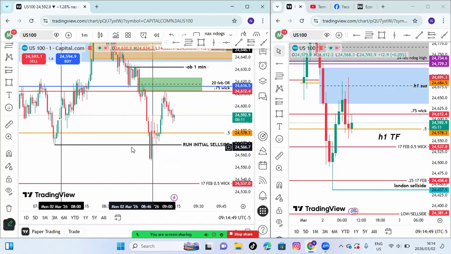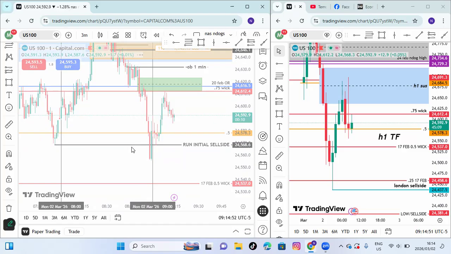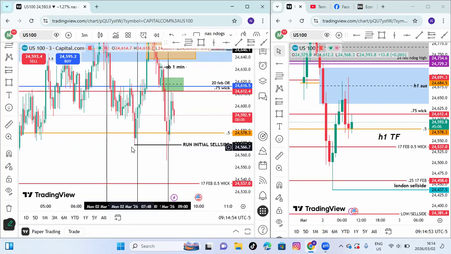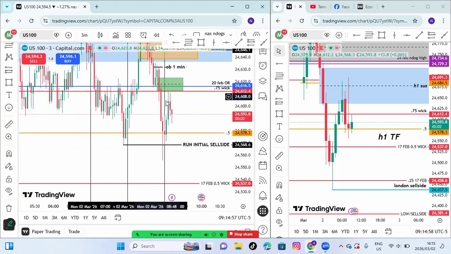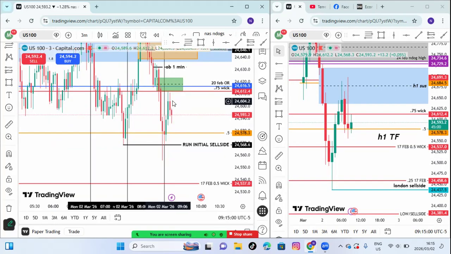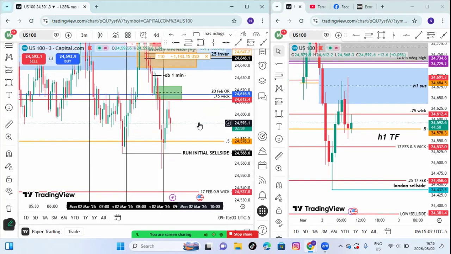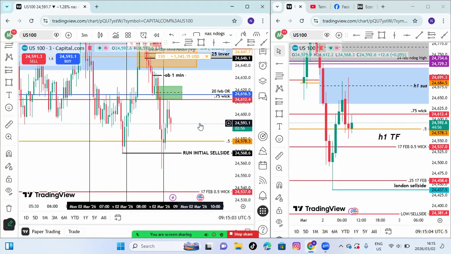Okay, check the 3 minute time frame there. Nothing there. Okay, we see it being respected exactly there in the 30-minute time frame. That's nice.